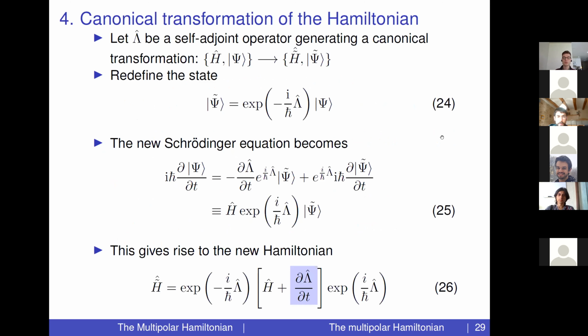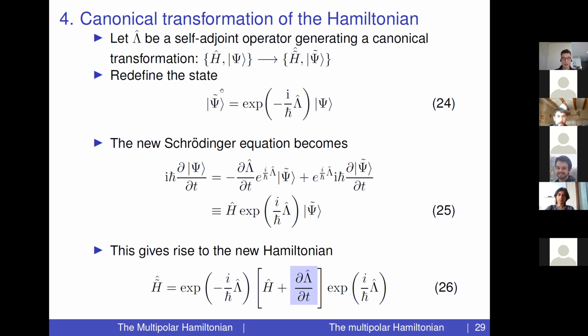So now that we have the Hamiltonian and these new operators, we want to look again at canonical transformation. And this will not be a gauge transformation, since we are not considering one particle, but two particles. So again, we have a generator for this canonical transformation given by lambda. And this yields from the old Hamiltonian and the old state, a new Hamiltonian and a new state associated with the system.